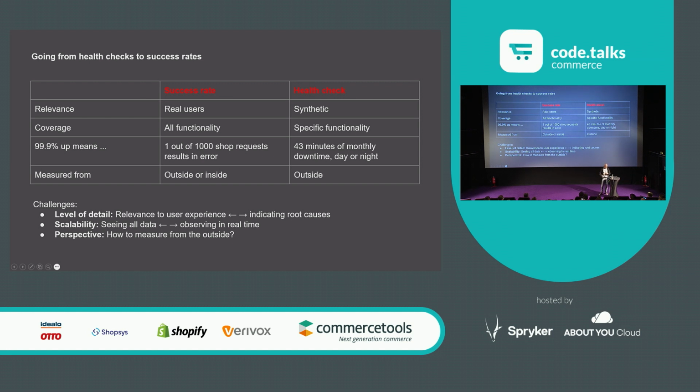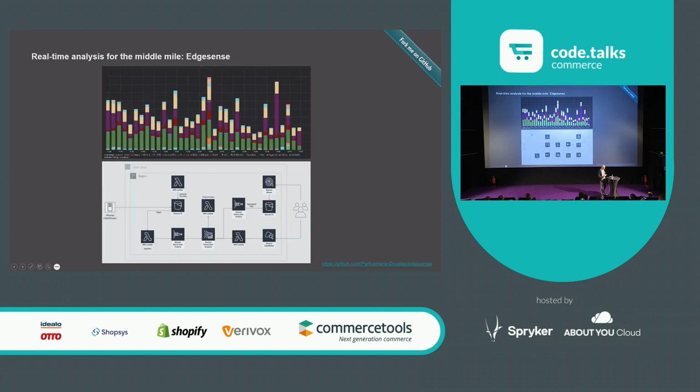What we did in the end was collect the logs from the CDN, from the middle mile. Akamai, our CDN, offers the possibility to ship you logs in real time. And we built a processing pipeline based on those logs that gathers up all the logs.